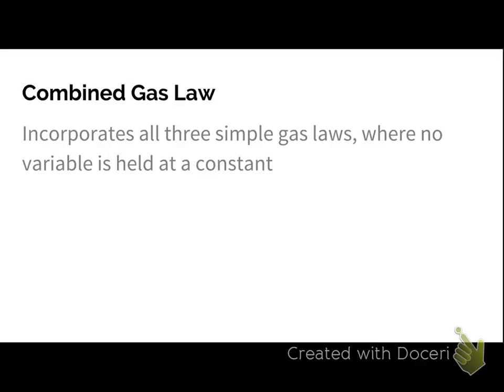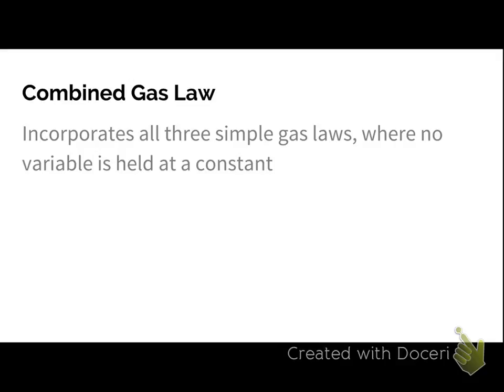Last thing here is the combined gas law. Now, there are going to be times where you don't have a constant temperature. Your temperature is changing, but your volume's changing and your pressure is changing, which means we can't use any of those 3 equations that we just looked at. We have to combine them as one.